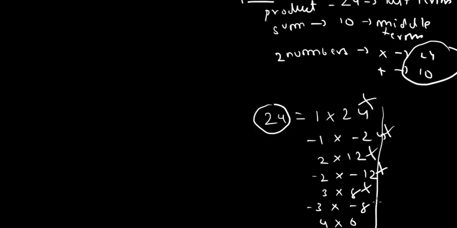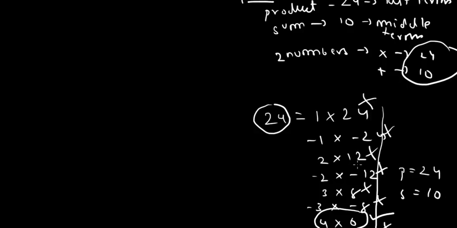Minus 3 minus 8 would give us minus 11. 4 plus 6 would give us 10. So we have this as an option. And minus 4 minus 6 again would give us minus 10. So this is not an option. So the two numbers which satisfy both the conditions are 4 and 6. Why? Because the product is 24 and the summation is 10.